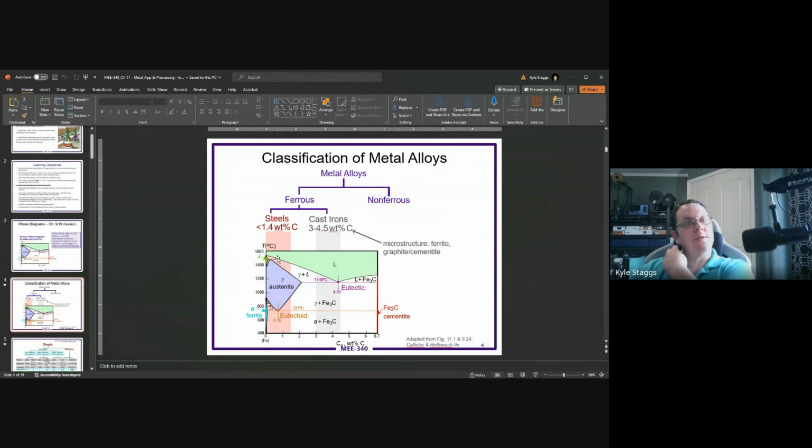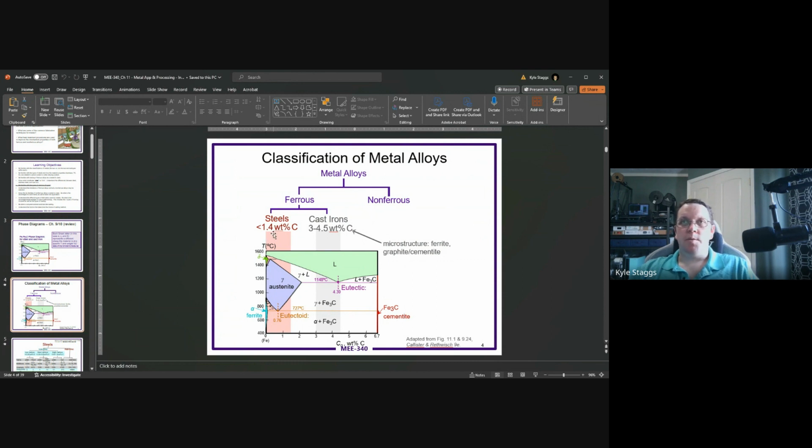Some of you, for instance, were probably using something like a quick Google search or chat answer for the compositions. What we went over here for the slides was a little bit different range. This gave up to about 1.4 weight percent for the range of steels, and cast irons were anything above 3.